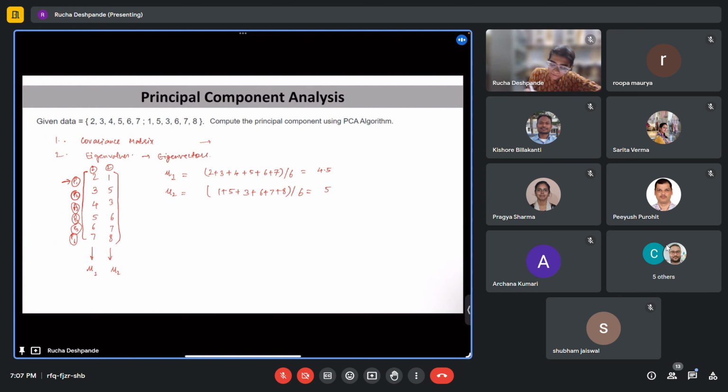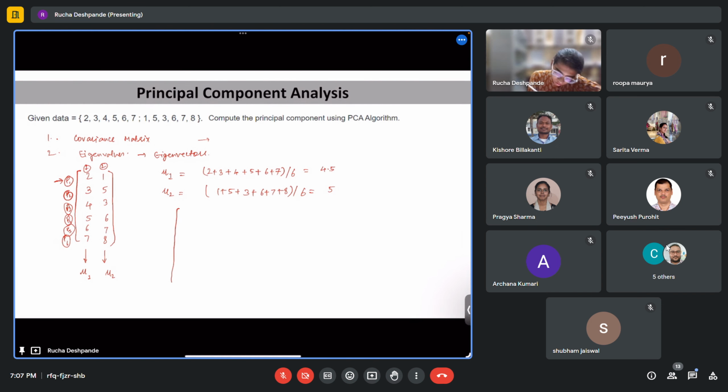And now I'll subtract this mu1 from each element of band 1 and subtract mu2 from each element of band 2. So this would be 2 minus 4.5.